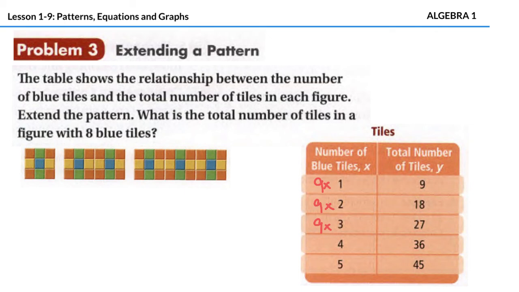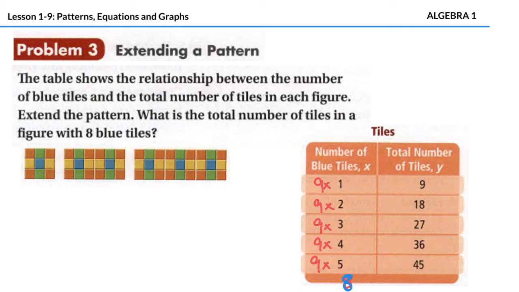So if the blue tiles are 4, the total number of tiles is 36. If the blue tiles are 5, the total number of tiles is 9 times 5, 45. Now, can you inductively reason what will be the total number of tiles if the blue tiles are 8?